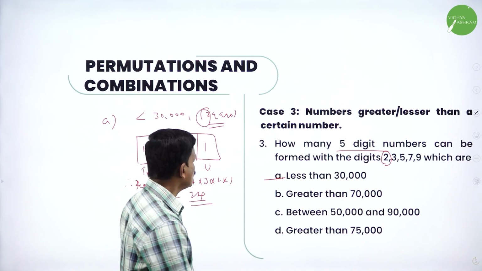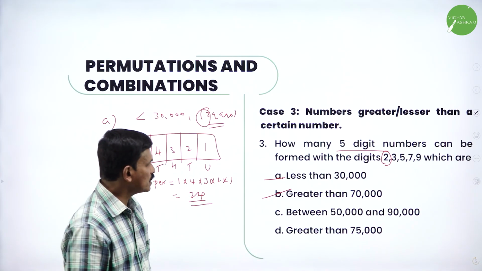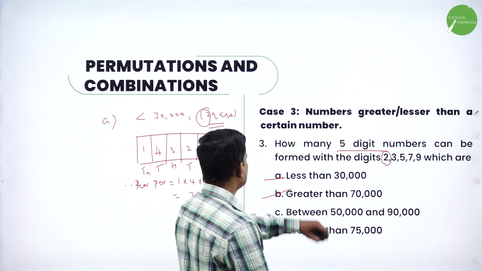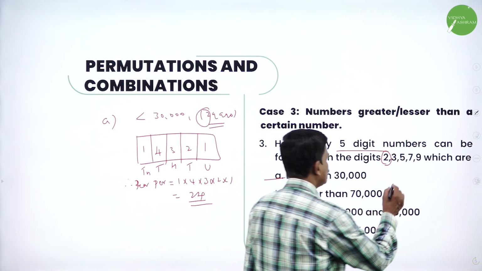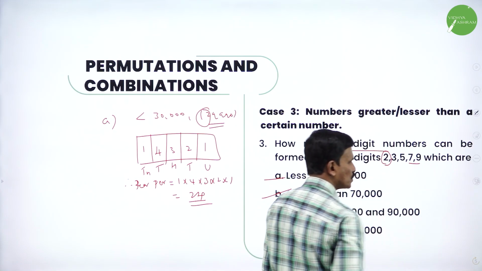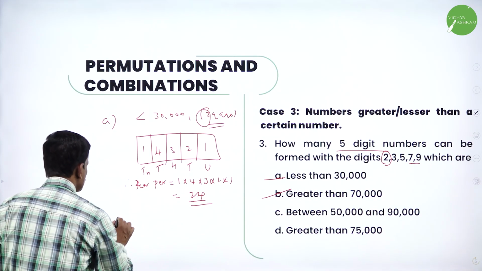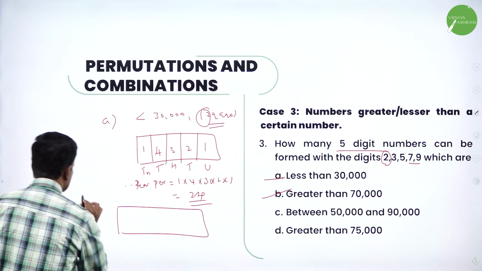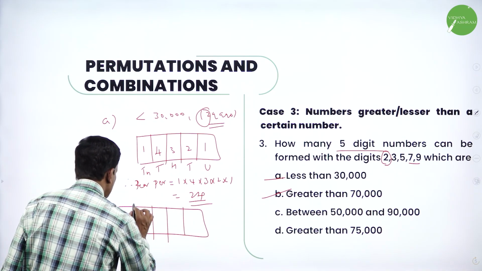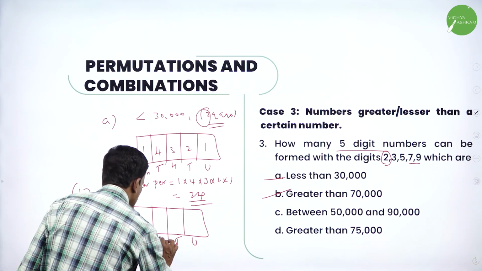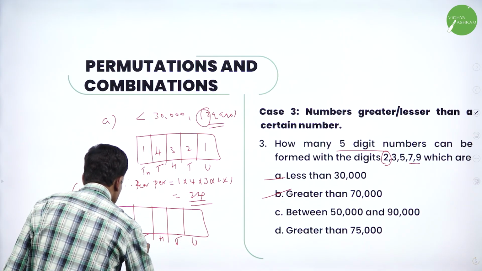Now let us move on to the next one. This is also the same as the previous problem. So greater than 70,000 means we can take 70,000 up to 90,000. So here the 10,000 place can be filled: unit, 10, 100, 1000, 10,000.